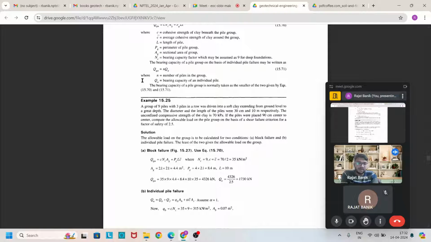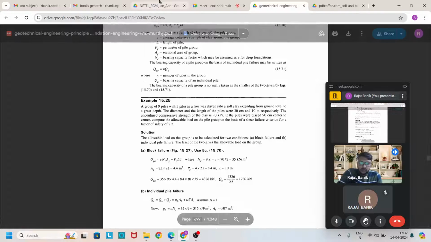So n is 3, minus 1 is 2, 2 into spacing 0.9 is 1.8, plus diameter of the pile 0.3, which equals 2.1. And the perimeter of the block is 4 times the length, since it is a square pile group, so 4 into 2.1, which is 8.4 meter.